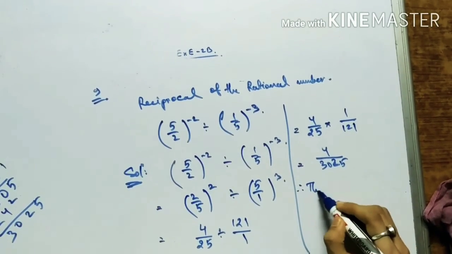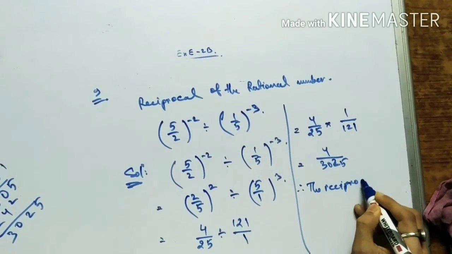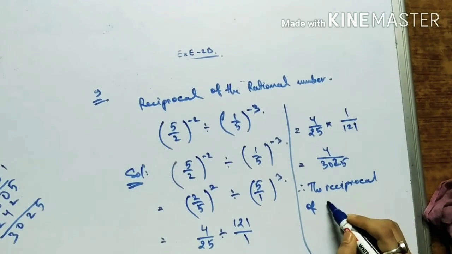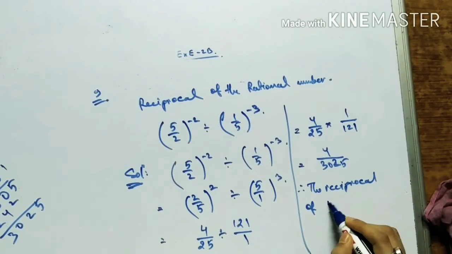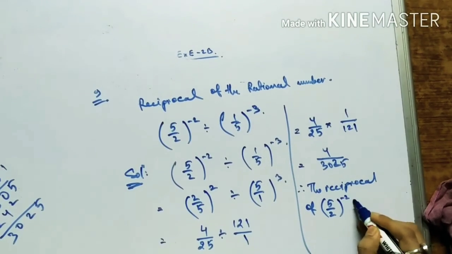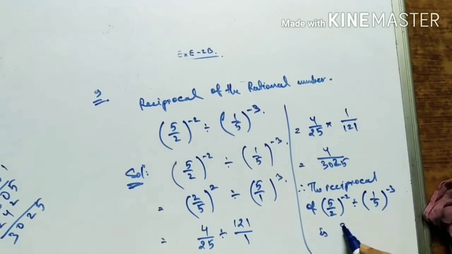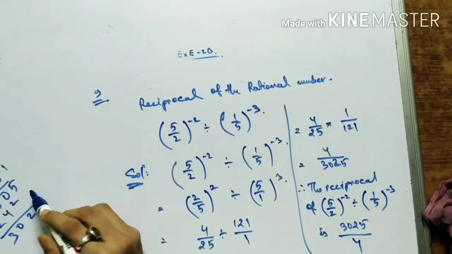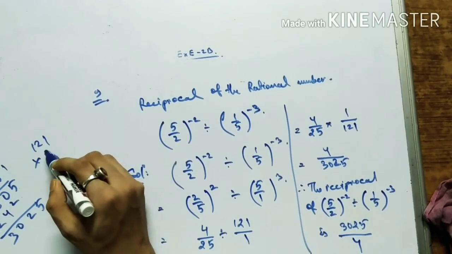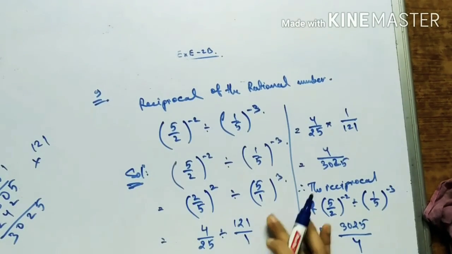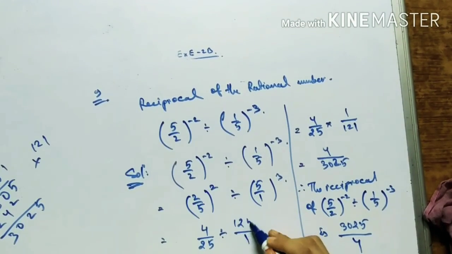So therefore the reciprocal of 5 by 2 to the whole power minus 2 divided by 1 by 5 to the whole power minus 3 is 3025 by 4. Oh, sorry. This is 5 cube, this is 125.